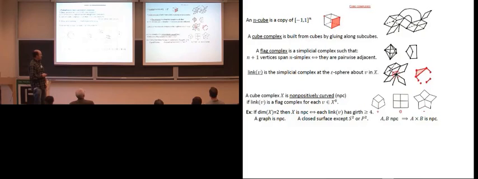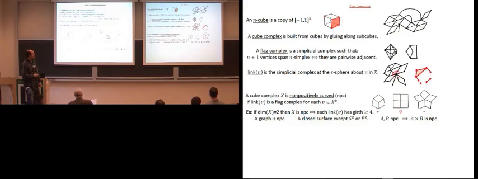So first of all, a flag complex is a simplicial complex with the property that a bunch of vertices span an n-simplex if and only if they are pairwise adjacent. Okay, so you're welcome to ignore that and just think about it this way. You draw a simplicial graph, meaning no loops or bigons.